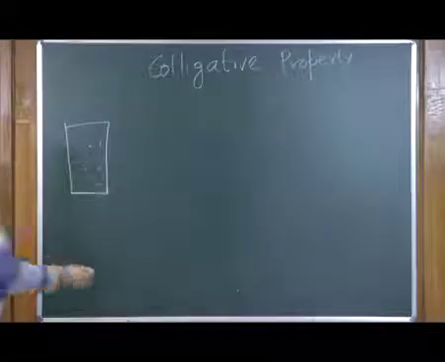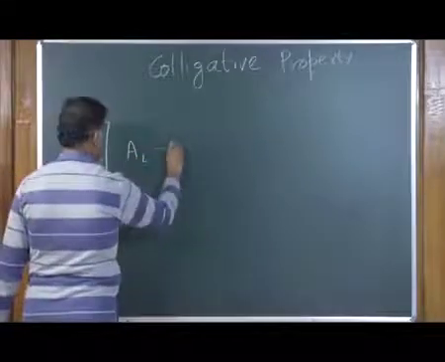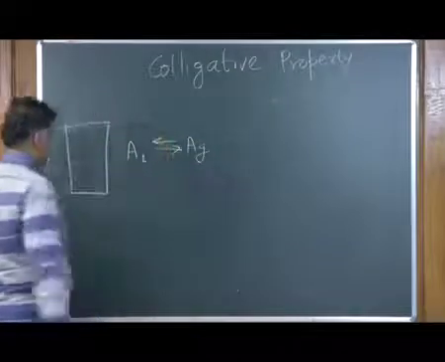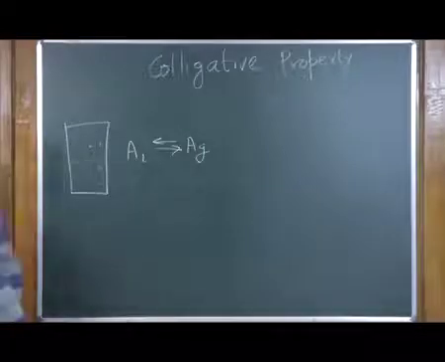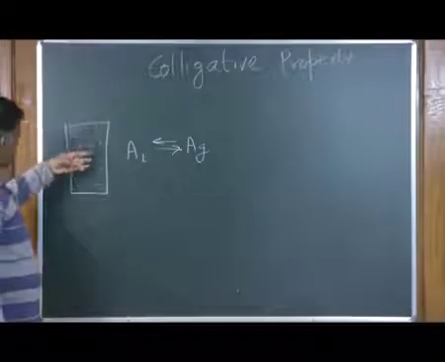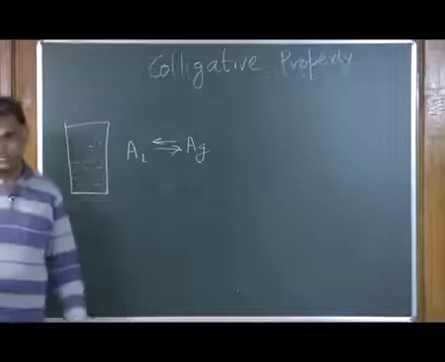Let us say this is a compound A in a liquid phase and it goes to the gaseous phase, and this is a dynamical equilibrium, and it will reach equilibrium. At this point, whatever is the pressure exerted by this gas on the surface of the liquid, that will be called vapor pressure.